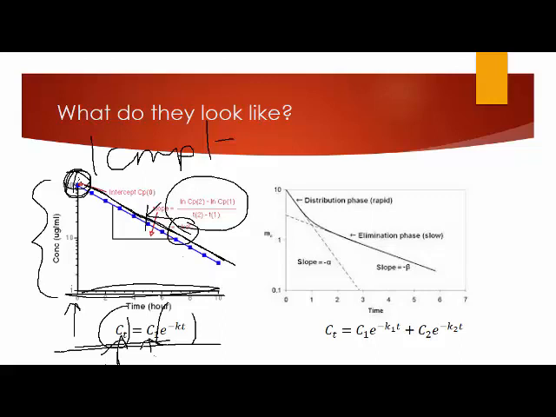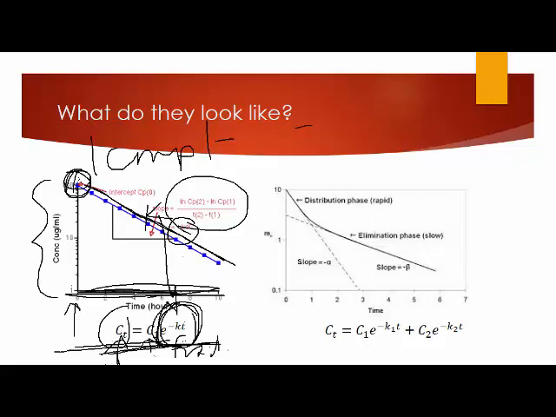E to the negative kt represents the fraction of drug that's remaining at time t. So that's what e to the negative kt stands for, and that's just our first compartment. The k is the slope of that line. T is the difference in time between the two concentrations that we're talking about. So we can find any piece of that as long as we have the other pieces, algebraically.